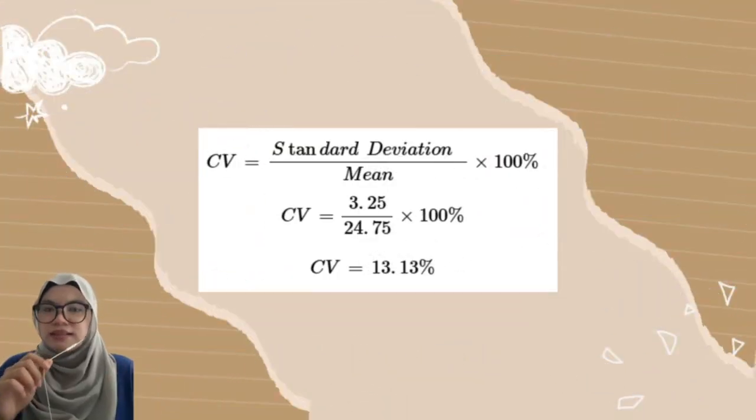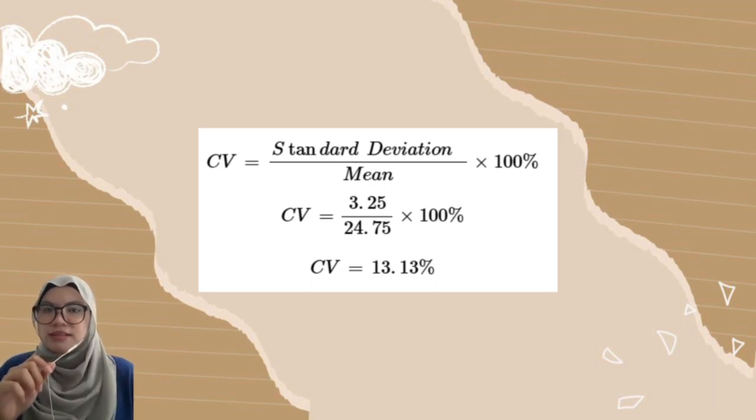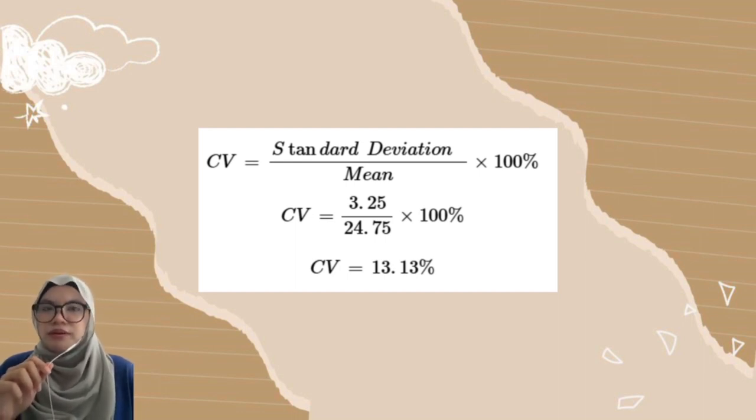The next slide is calculating the coefficient of variation. We need to take the sample standard deviation divided by the sample mean and multiply by 100%. So our standard deviation is 3.25 and our mean is 24.75. Multiply by 100 and we'll get 13.13%.